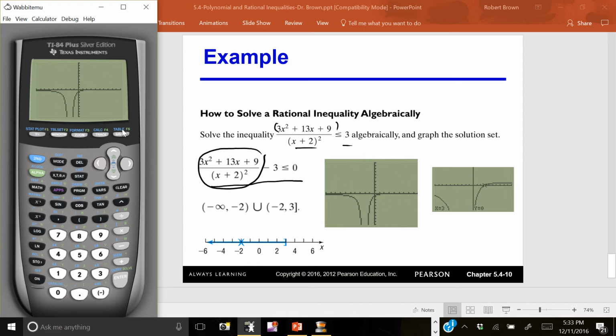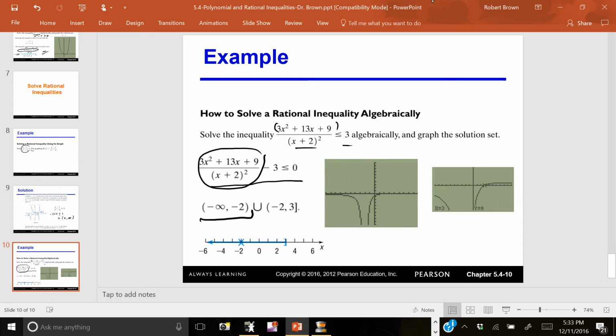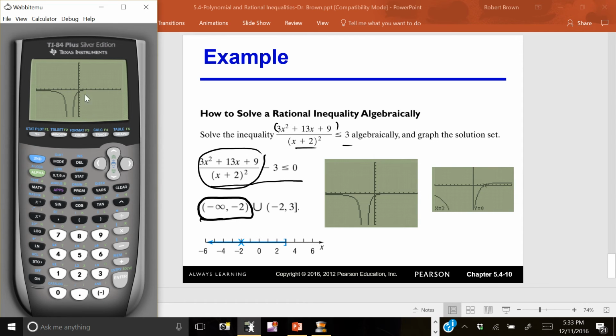And we can see that that happens between minus infinity over here and the vertical asymptote, which is at minus 2. So it would be between minus infinity and minus 2. And then between minus 2 on the other side of the vertical asymptote and x equal 3.